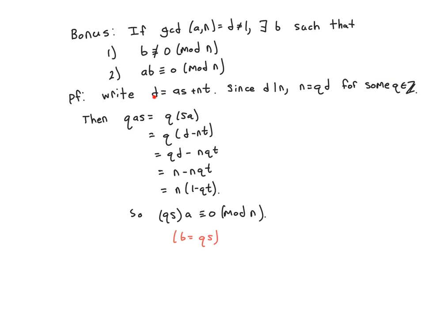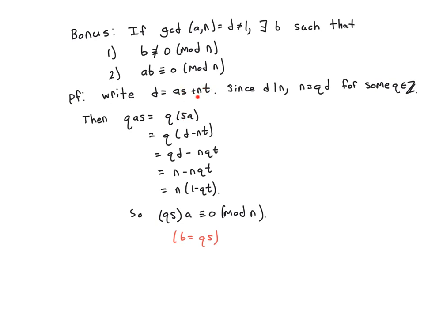Basically, by the Bezout property, you write d as a linear combination of a and n. And since d divides n, n can be written as q times d. Then you just take sa and you multiply by q. Well, then you can rewrite qsa as q times sa.